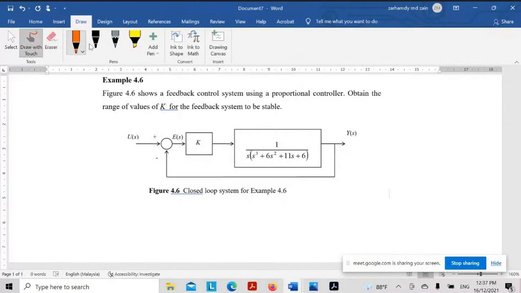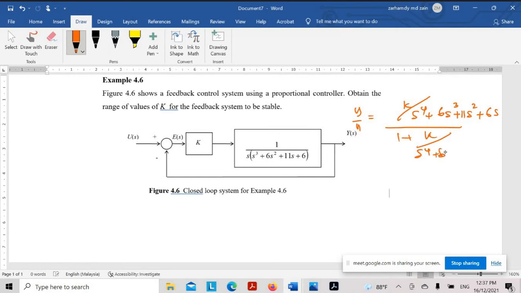I'm trying to come up with the transfer function for this case. So now we have Y over U equal to K over S4 plus 6S3 plus 11S square plus 6S, multiplied by H1.